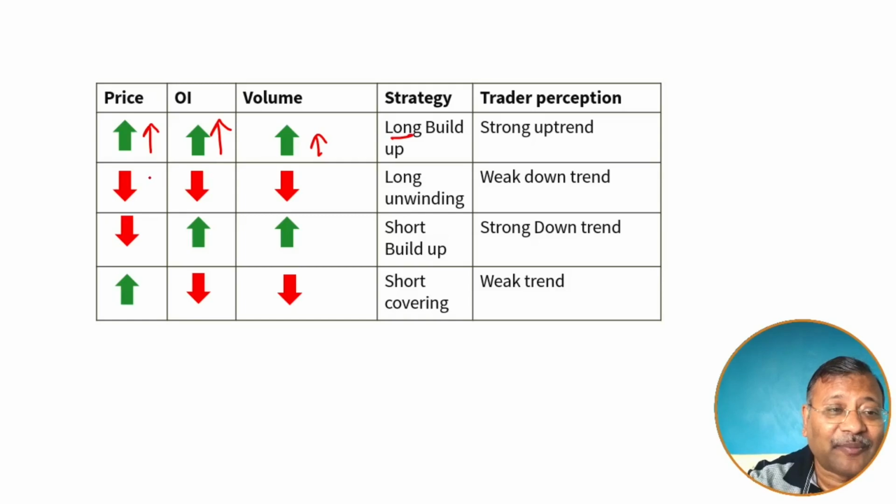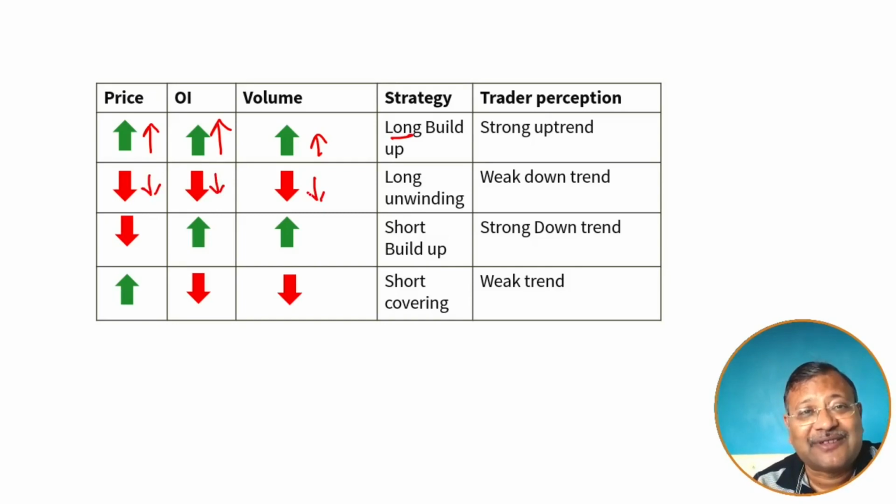Then price coming down, open interest coming down, and volume is also falling. That means this is a long unwinding, because remember, price comes down, open interest comes down, it's a long unwinding. And volume is also decreasing. That means people are unwinding their position and not a lot of new people are coming in. This indicates a weak downtrend.